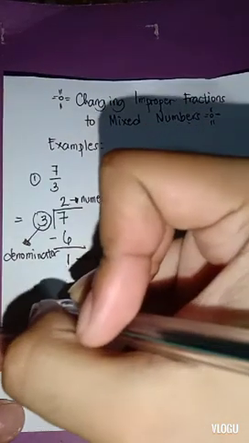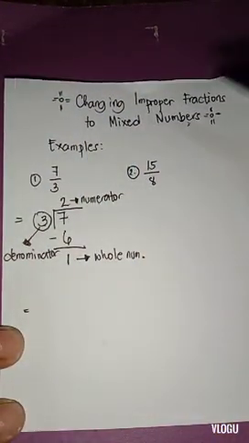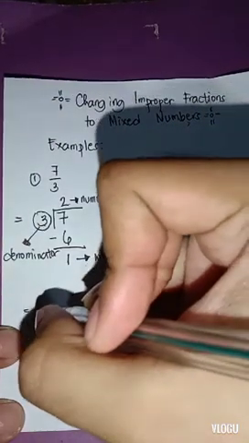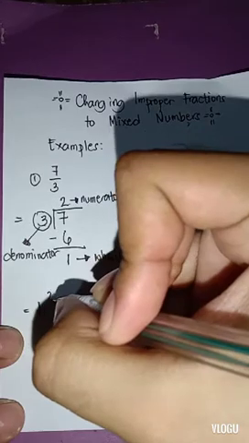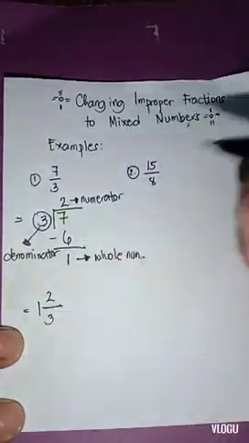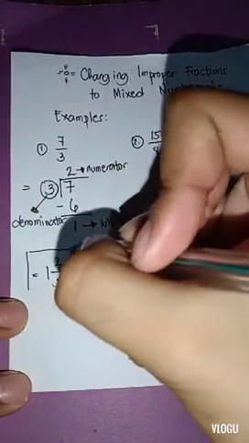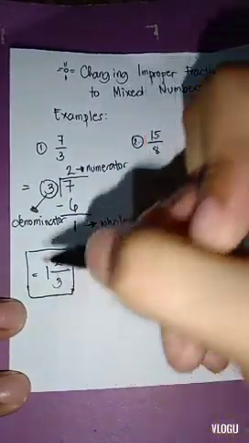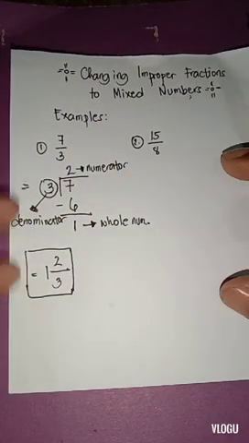So if isusulat na natin siya into mixed numbers, meron tayong 1 kasi nga 1 whole, and then meron tayo ditong 2 na numerator and then 3 na denominator. So ito yung ating final answer if we are changing improper fraction to mixed numbers.